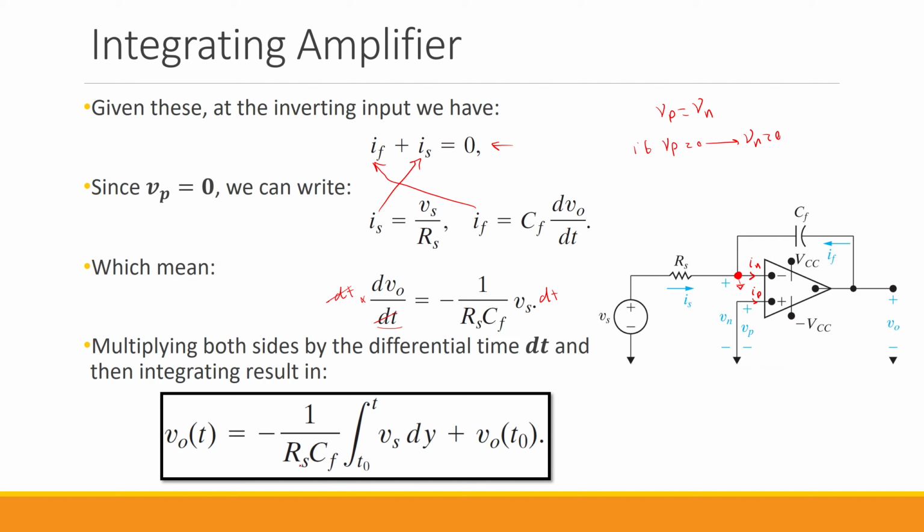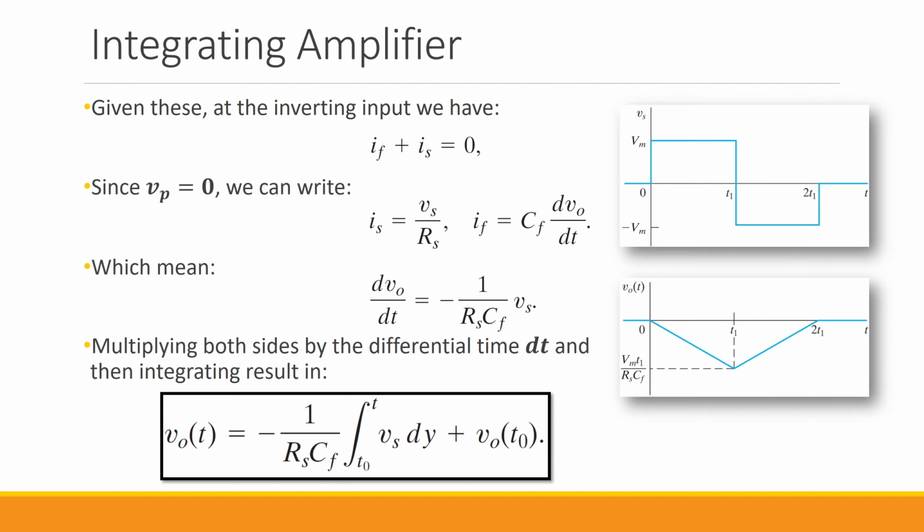So let's take a look at one example of how this works. For this example, I assume that VO at time t0 equals 0. Let's say we have this waveform for Vs between time 0 and t1. The value is Vm, a constant value, and between time t1 and 2t1, the voltage for Vs is negative Vm, again a constant value.